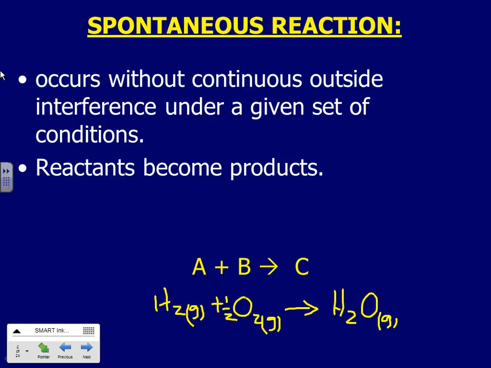We'll talk about that later. The spark is needed to get the reaction initiated, but once it's there, I don't have to continually add heat to that reaction. It feeds itself, and the hydrogen burns, and the hydrogen balloon explodes. Given the right conditions, hydrogen and oxygen will combine to form water, and it will do it all on its own. That is spontaneous.